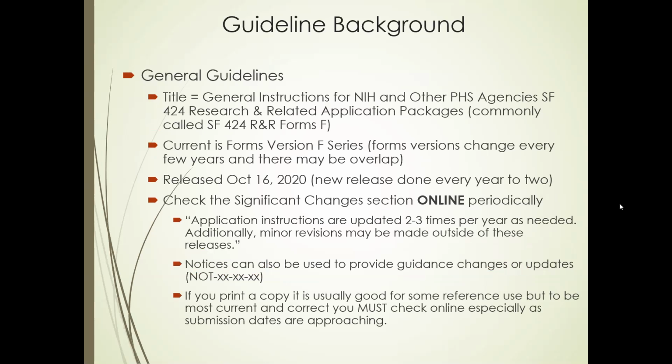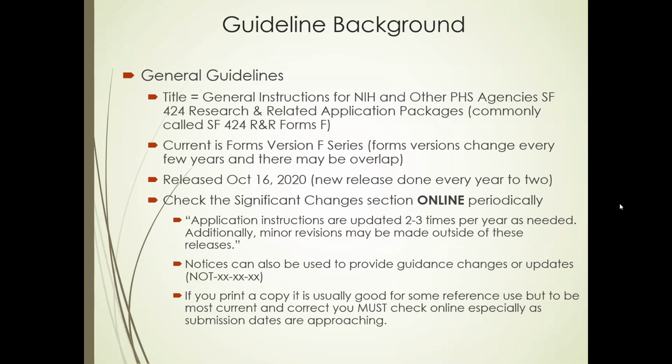So the general guidelines that NIH uses is called the SF424 Research and Related Application Package. And normally it's called SF424 R&R, and then forms, and then an alpha character. Every couple of years, they'll change an alpha character.